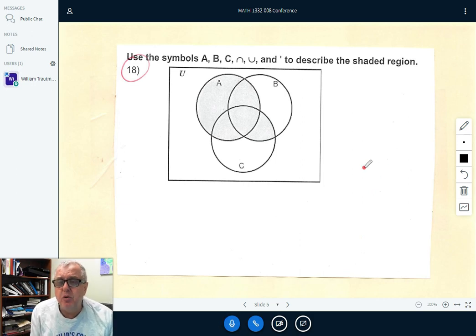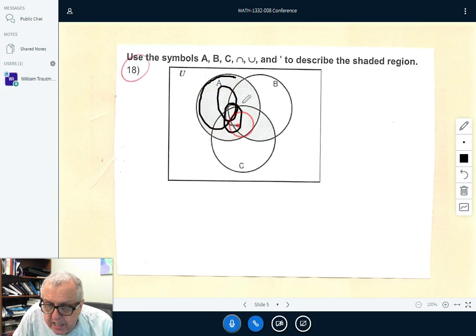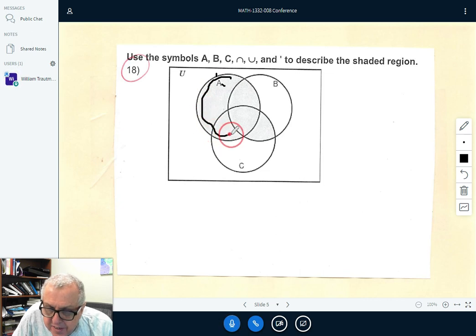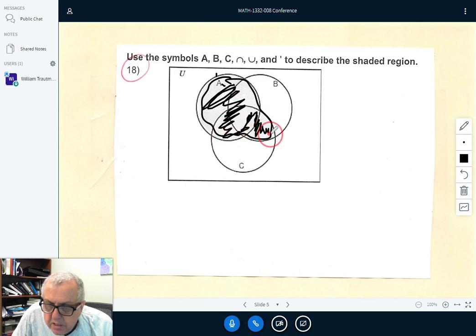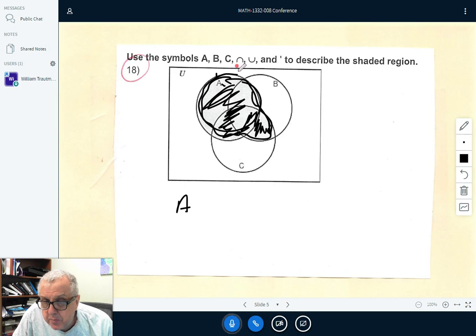On the test, it'll be multiple choice and you'll get to pick the correct ones. It's hard to see this on this paper, but this is shaded in and this is shaded in. Oh, how did I erase that? All of this is shaded in. So I would write, do you see how A is part of the answer? A. If I do A, then there's this little piece left here.